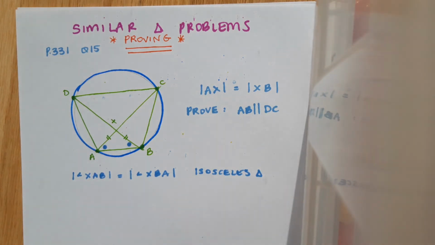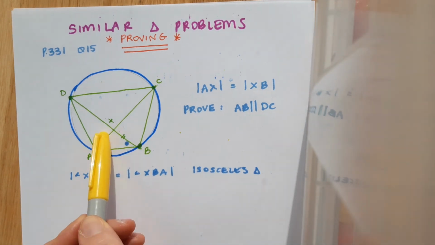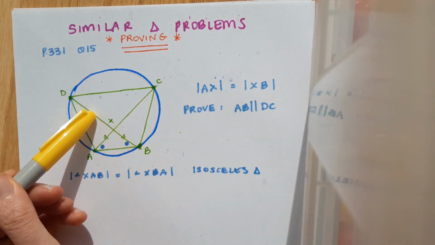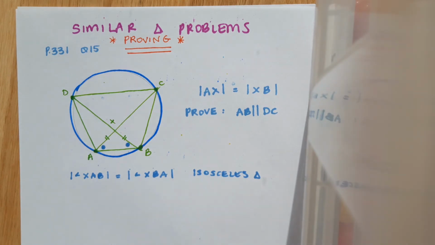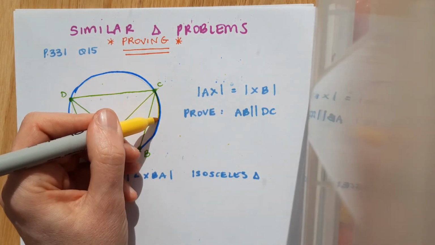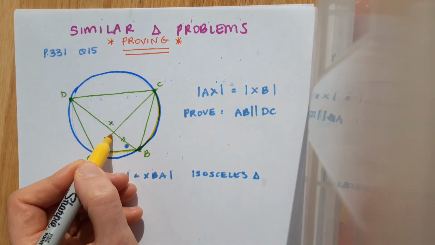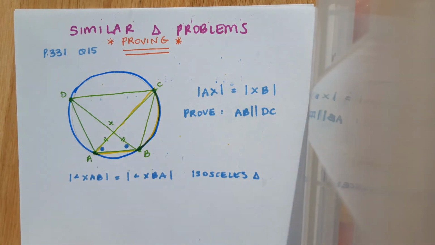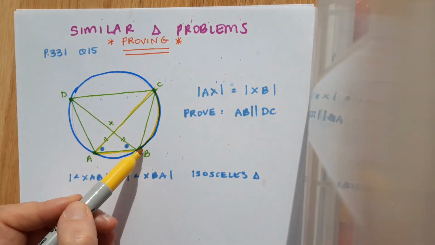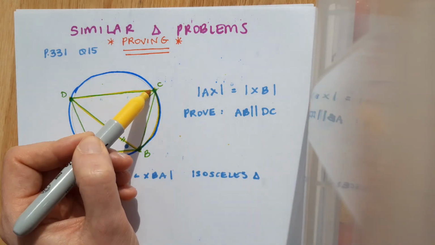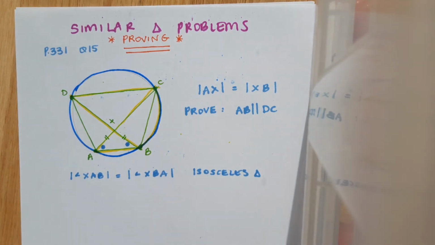And I can see actually that, yeah, I've got an angle here standing on an arc and an angle here standing on the same arc. So let me just identify where that arc is. That's the arc there between B and C. And there's one of the angles, BAC, or I'm going to call it BAX in a second just to kind of keep my notation the same. And there's the other angle there at D. So I'm going to mark those with the same symbol.